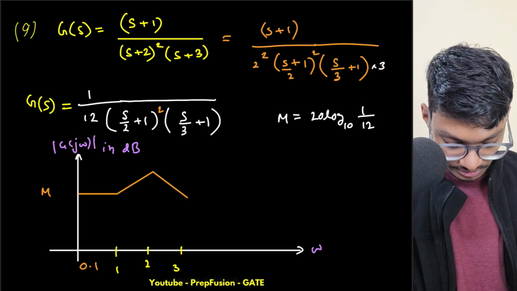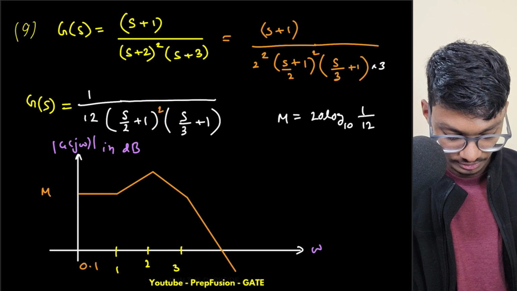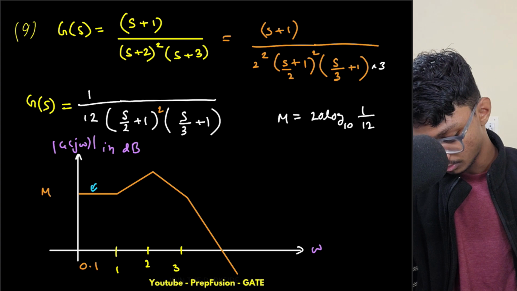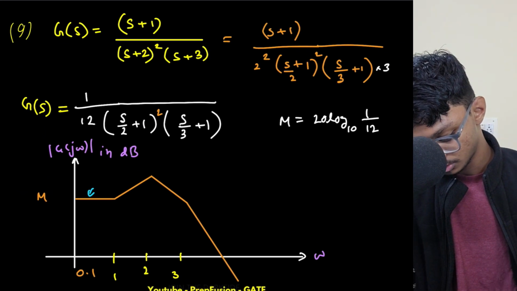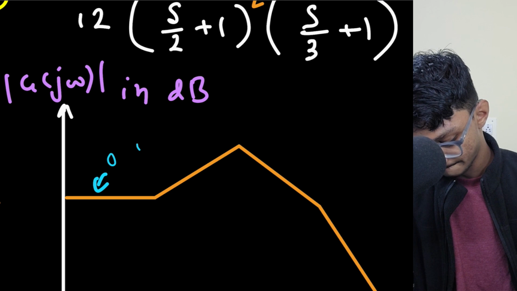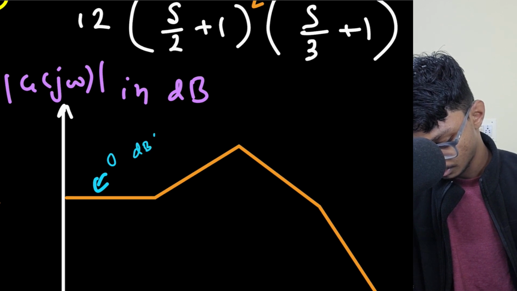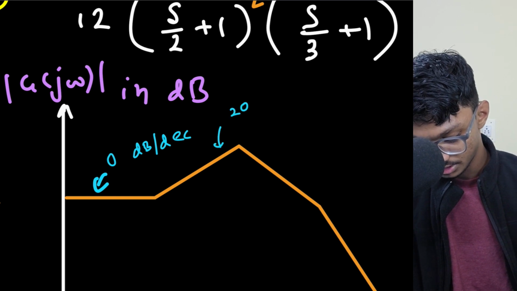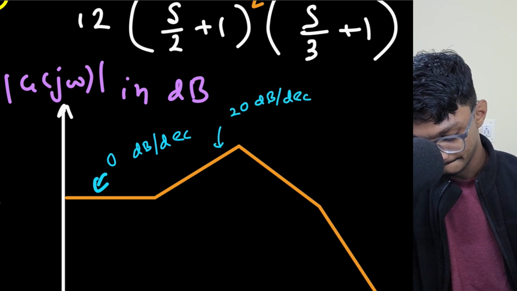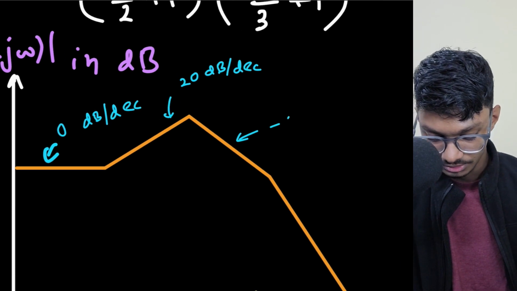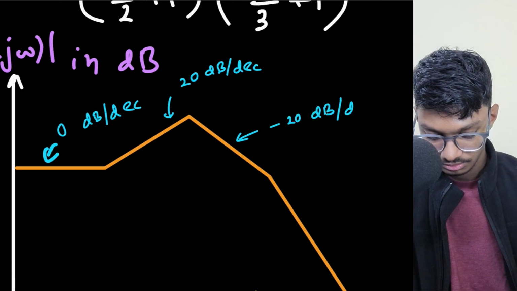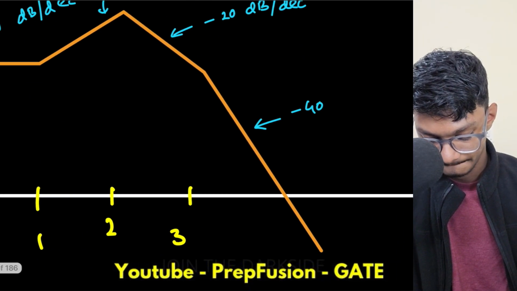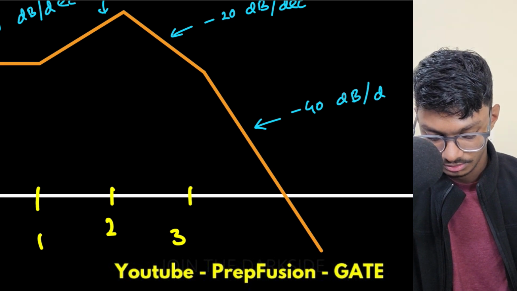So my slope will further reduce, and the function will reduce very fast. So here what is my slope? Before this corner frequency, my slope is 0 dB per decade, and here my slope is plus 20 dB per decade, and here my slope is minus 20 dB per decade, and here my slope is minus 40 dB per decade.